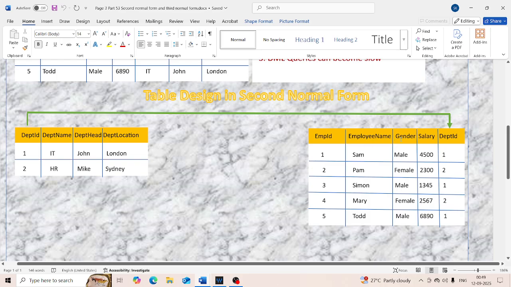And then we have this additional column called department ID, which is nothing but a foreign key.